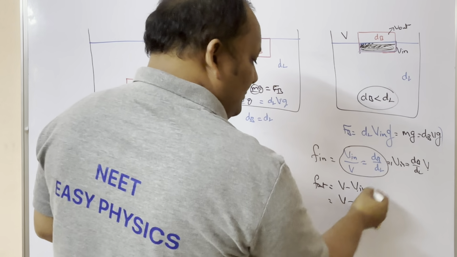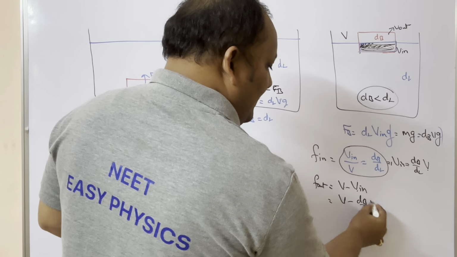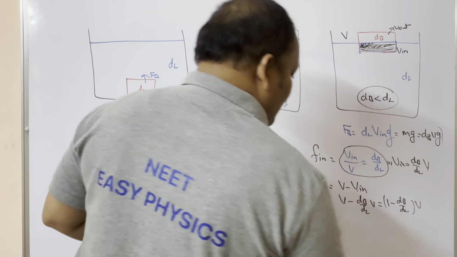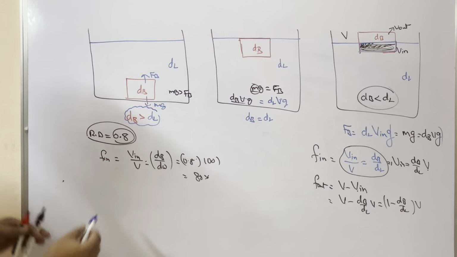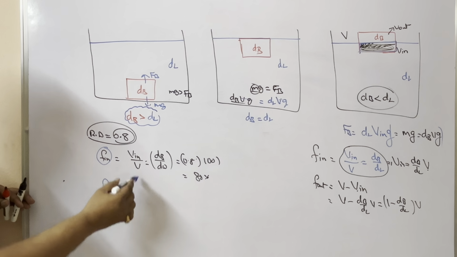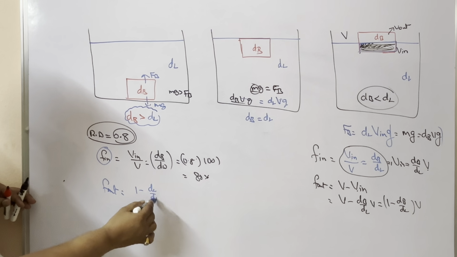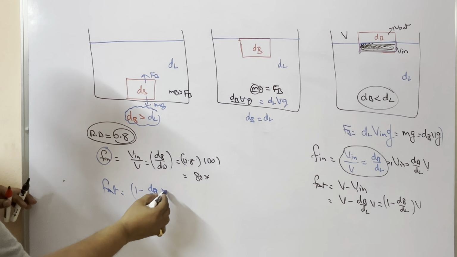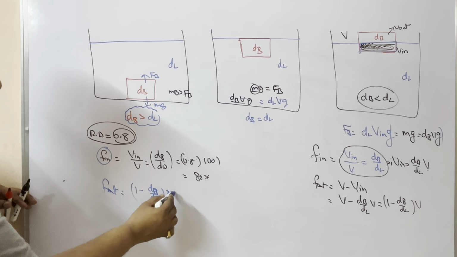V. V in, again we will write dB by dl into V. So finally, 1 minus dB by dl is the fraction of volume outside. We can write it directly, but we are writing according to the formula: 1 minus dB by the density of water, into 100.